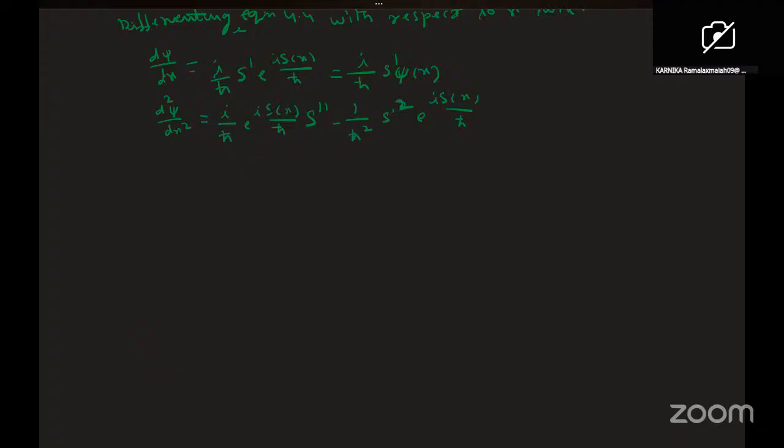Simplify this one. Finally, d square psi by dx square is equal to i by h cut s double dash of psi of x minus 1 by h cut square s dash square psi of x. This is equation 4.6.